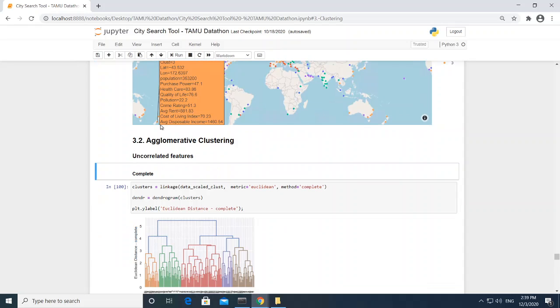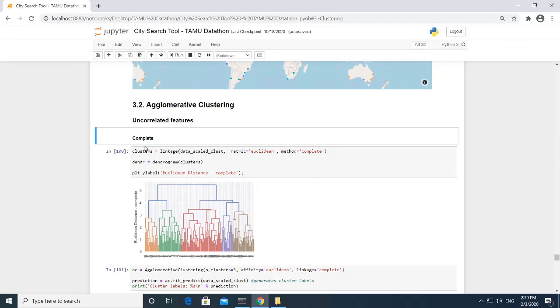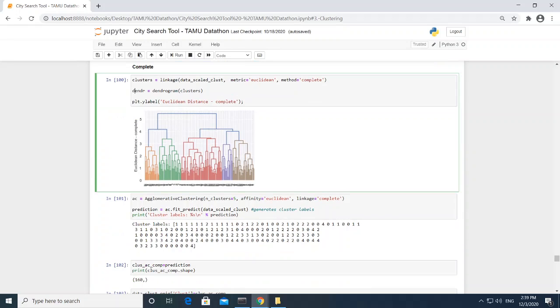So in order to compare and to understand if we obtained a good clustering, I decided to also apply agglomerative clustering. In here we basically calculated our dendrogram just to try to understand what was the best number of clusters.